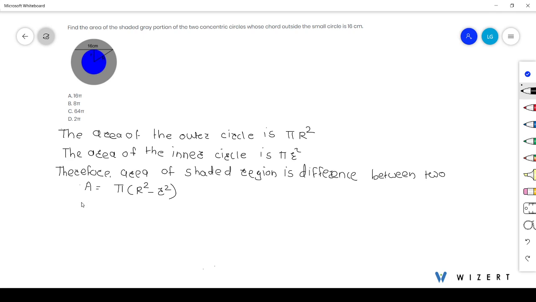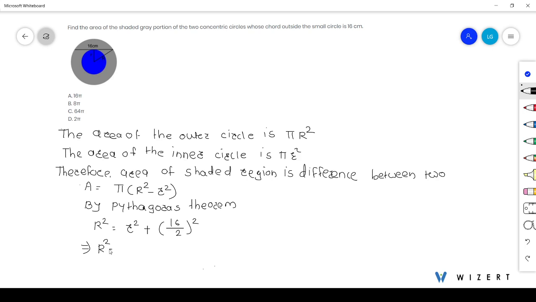As this radius is perpendicular to the tangent, it makes a right angle triangle there. So by Pythagoras theorem, capital R square equals small r square plus, as this chord is 16 centimeter, so here it will be 16 by 2, its square.